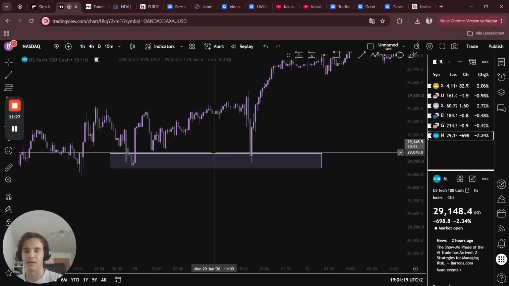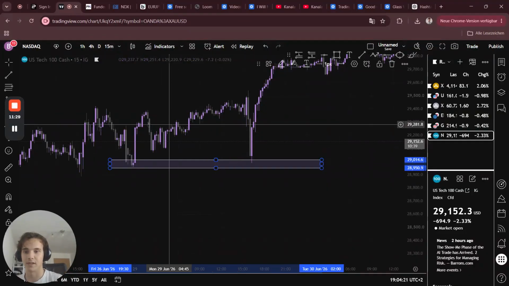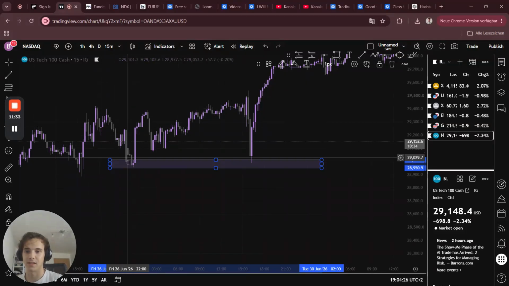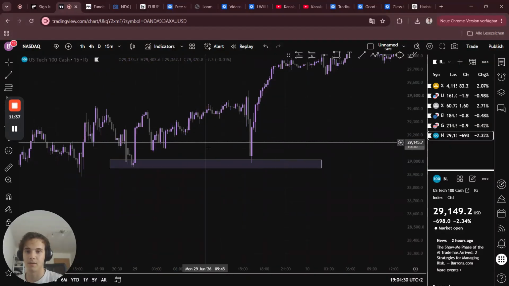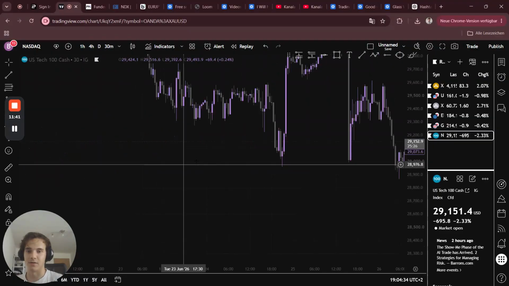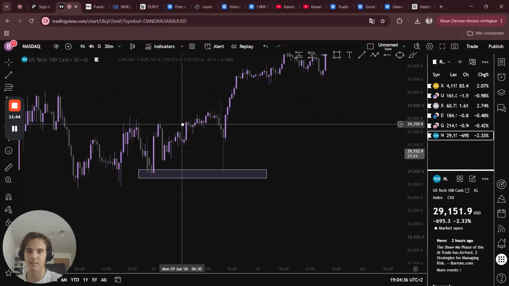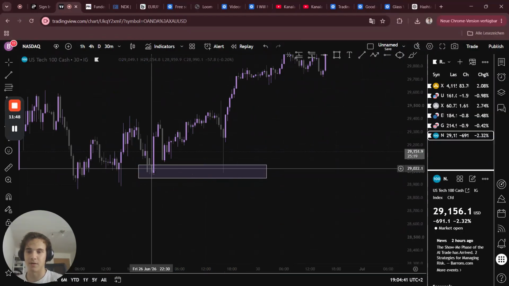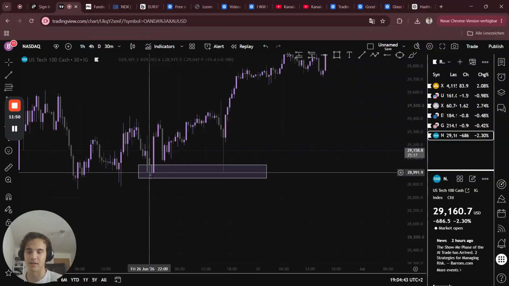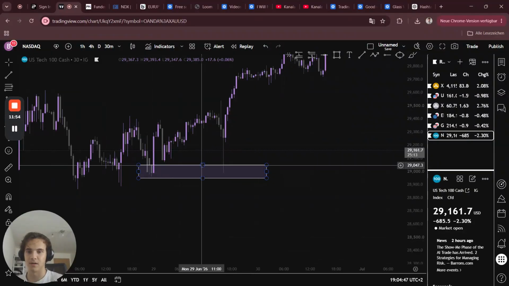We have created the perfect structure plus a creation of a new demand zone right here. We are going to switch back to the 30-minute chart. On the 30-minute chart, the area of demand is until here. On the 15-minute, it was, I guess, here.